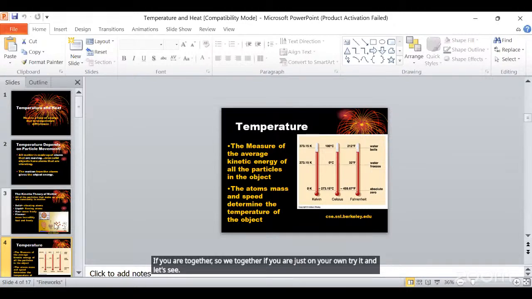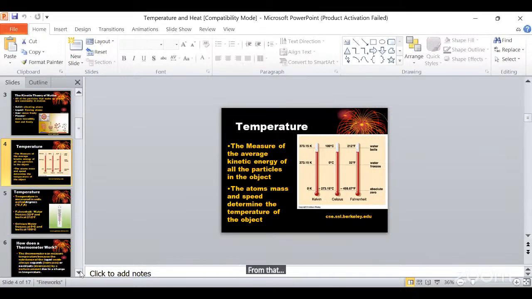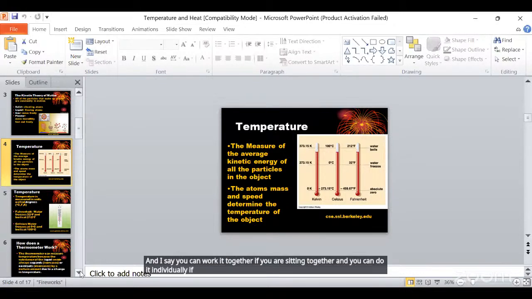Convert 320 degree Fahrenheit to degree Kelvin. You can work it together if you are seated together, and you can do it individually if you are all alone. So let me know your answer.